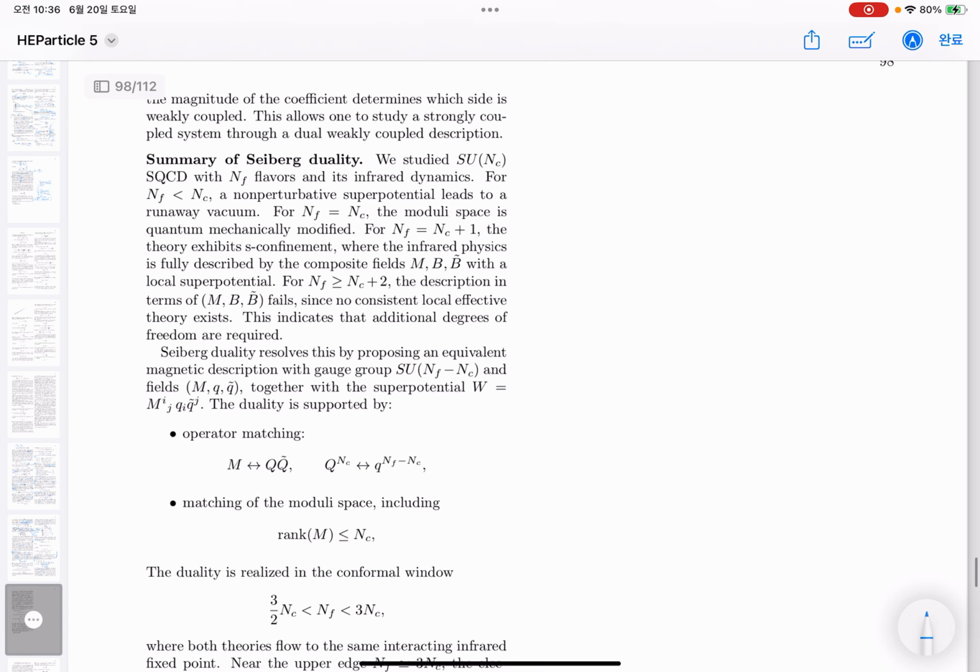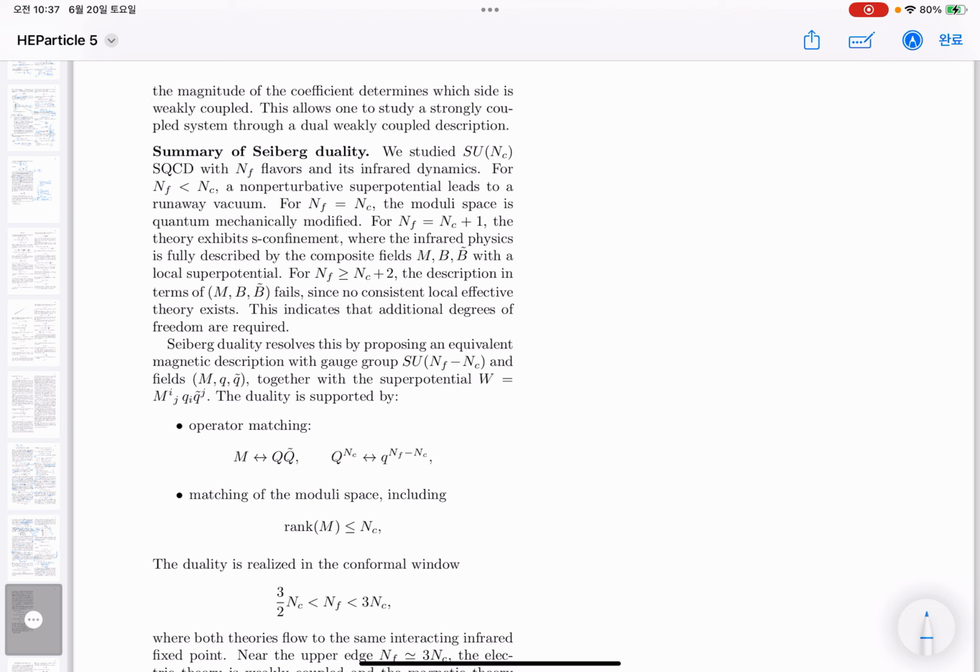So we talked about the SU(N_C) SQCD with N_F flavors and its IR dynamics, and we considered various situations: ADS superpotential, the moduli space, and s-confinement. For the large enough case, this cannot describe the effective theory in the IR due to the large degrees of freedom.